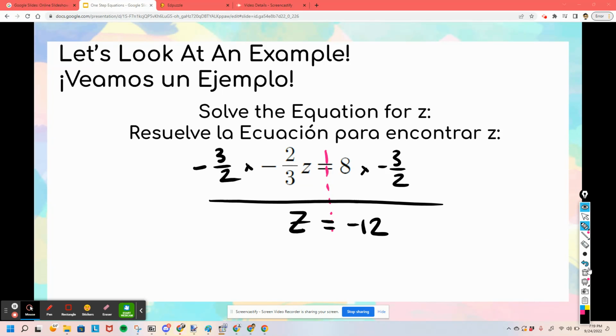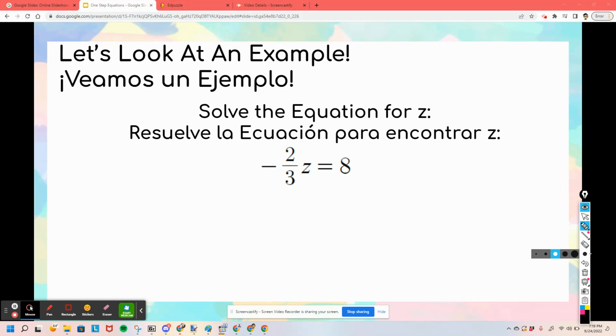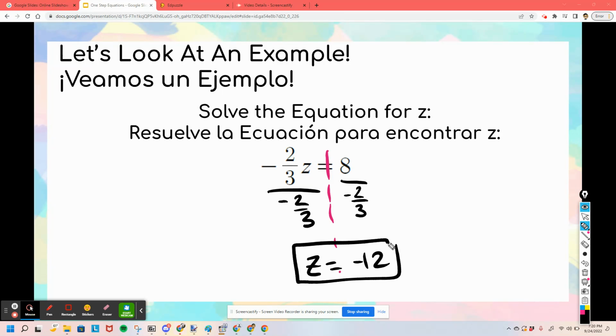That's one way. The other way you could do it is that because it's being multiplied, you really could just put up your line and then just divide both sides by negative 2/3. But you got to be really careful when you put that into your calculator. Use parentheses. But you will still get the same z equals negative 12 as your answer.